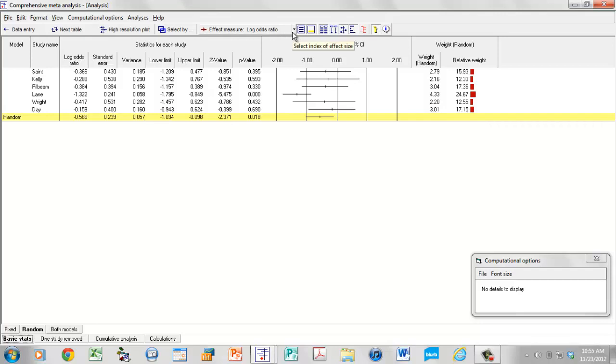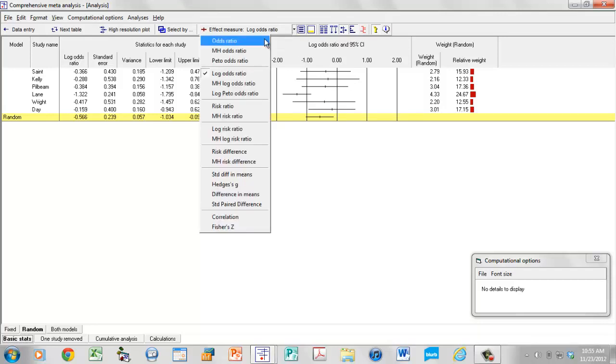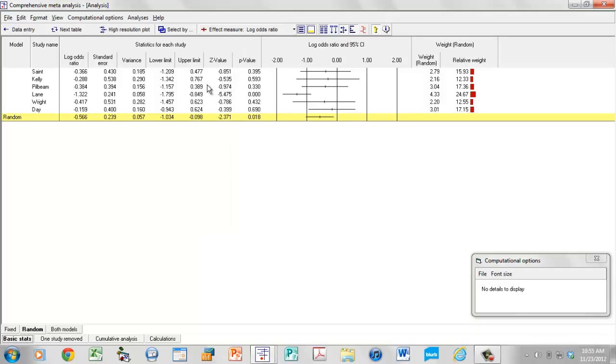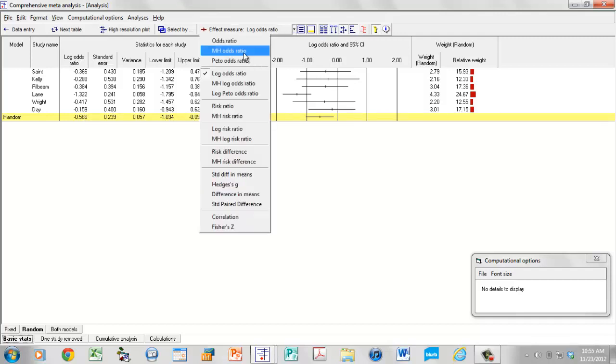If we click on odds ratio rather than log odds ratio, what happens is the program, having done all of the analyses using log units, simply converts this back into an odds ratio rather than a log odds ratio, and then takes the lower and upper limit and converts those back into odds ratios, and that's what we see over here.